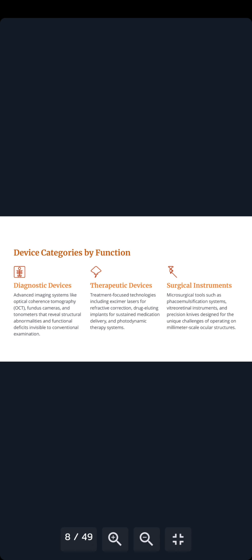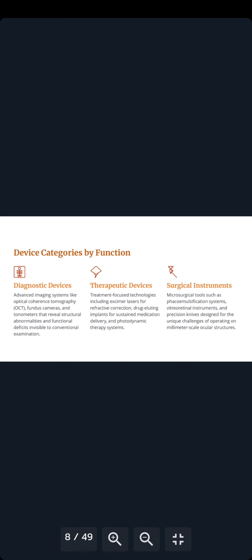The therapeutic devices are treatment-focused technologies with, for example, excimer lasers for refractive correction. I told you, like mine, so that I don't use glasses. Drug-eluting implants let you target drug therapy to a specific place in the eyes.